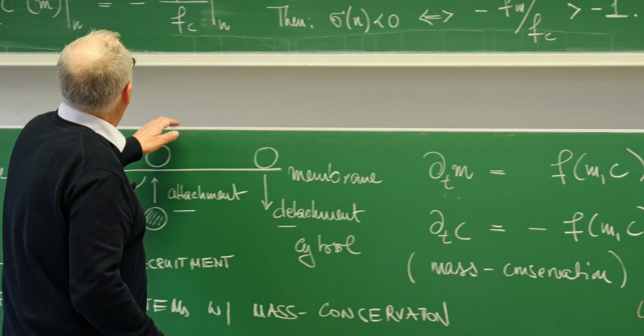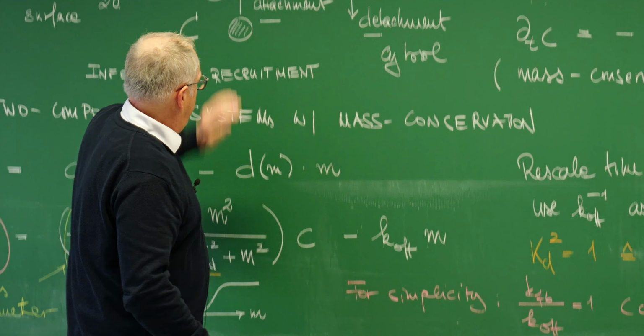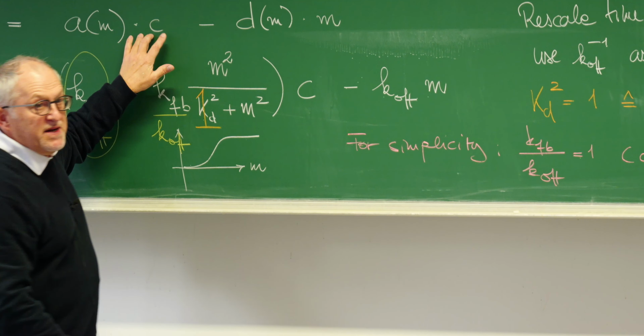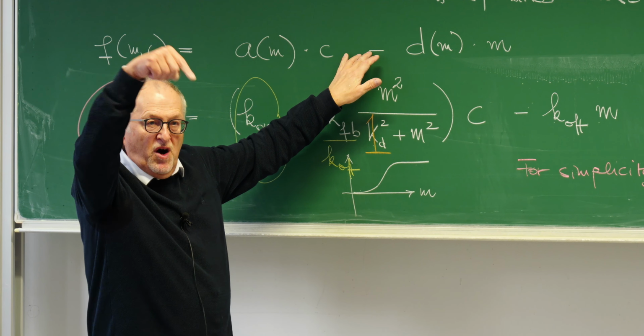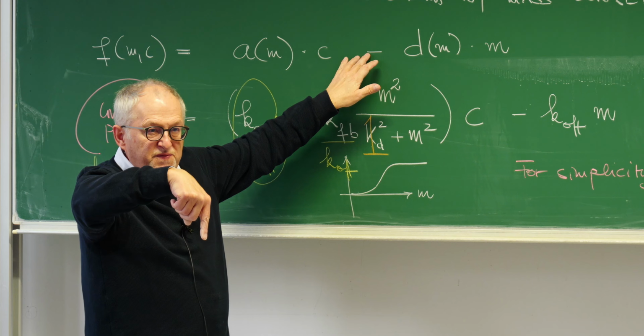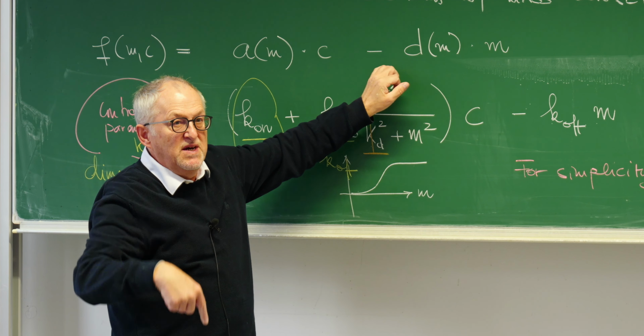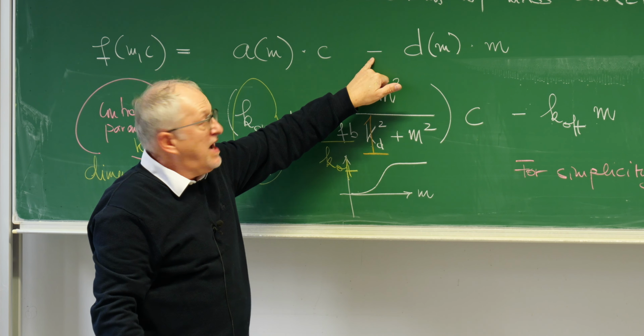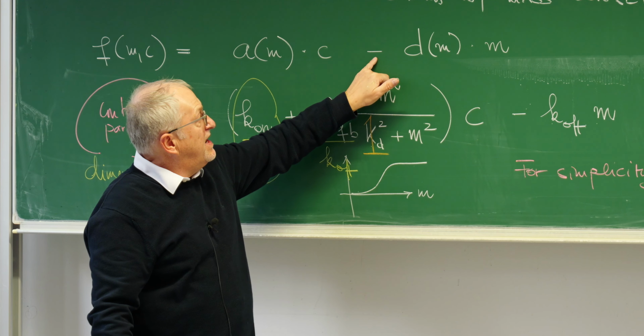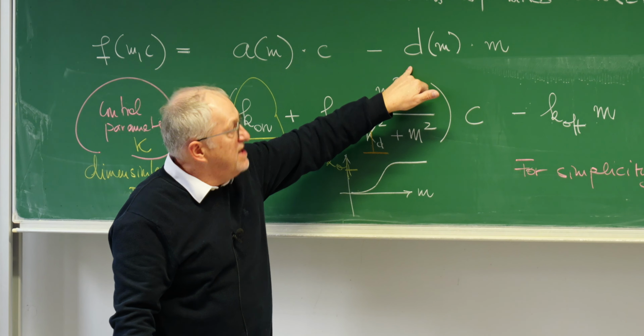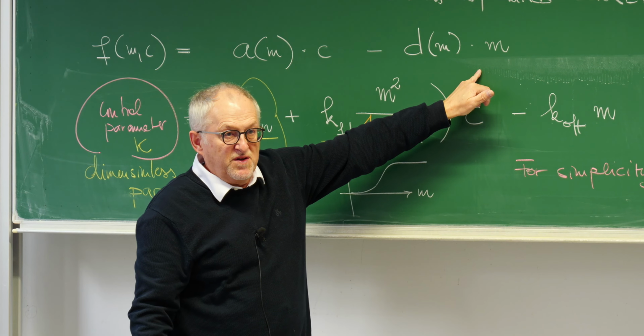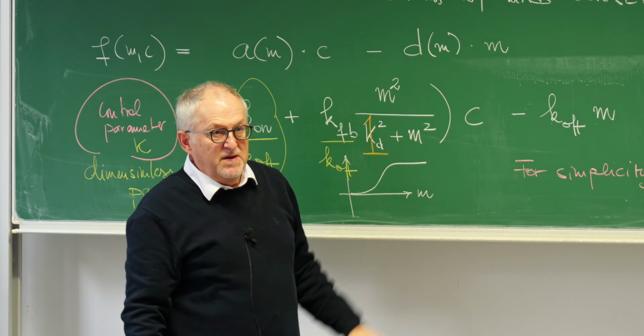And that's what I wrote here, right? I'm saying there's also the opposite process where I lose particles from the membrane to the cytosol, and I'm saying I'm losing it, so I have a function that has minus a positive rate times the concentration on the membrane. Okay?